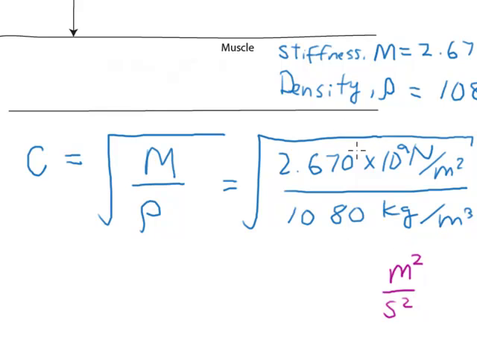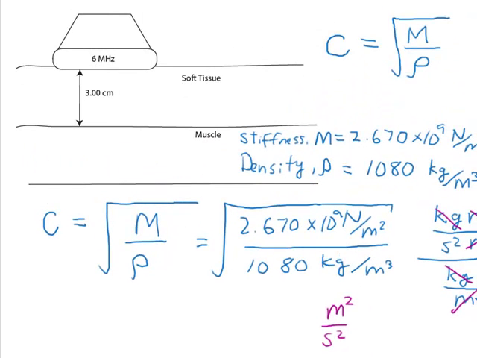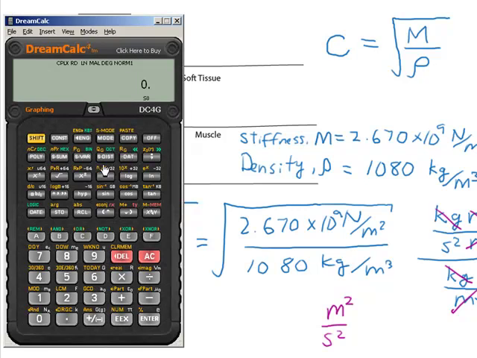Now I'll plug in the numeric values using a calculator. The numbers are 2.670 times 10 to the 9th power divided by 1080.